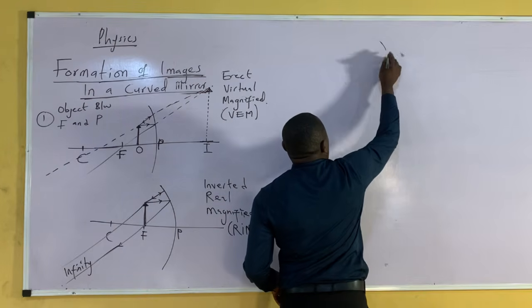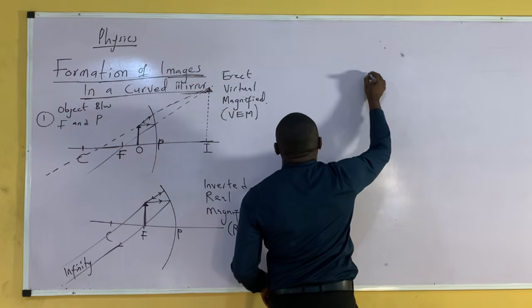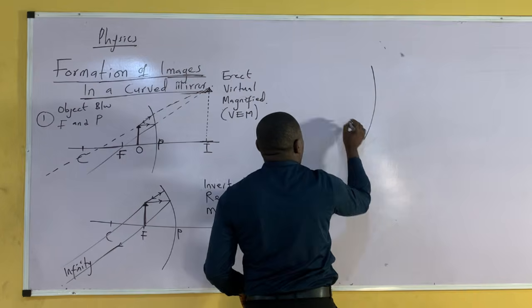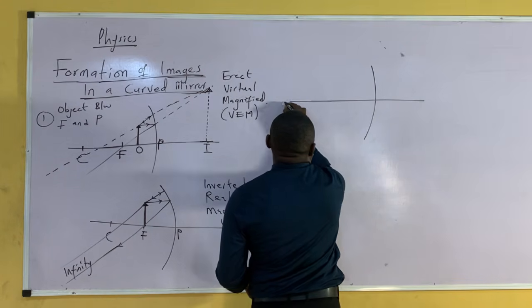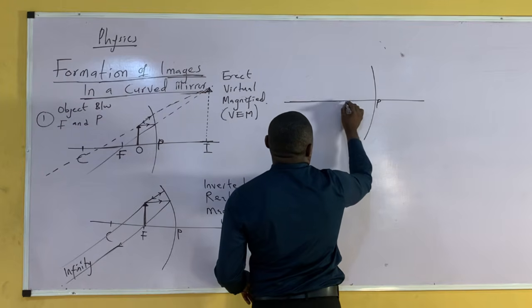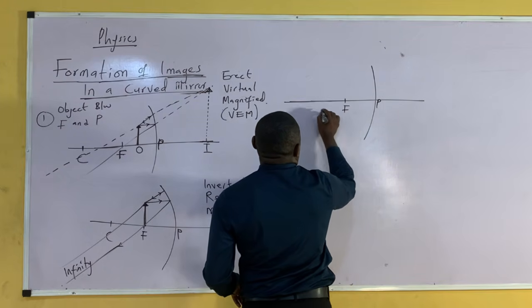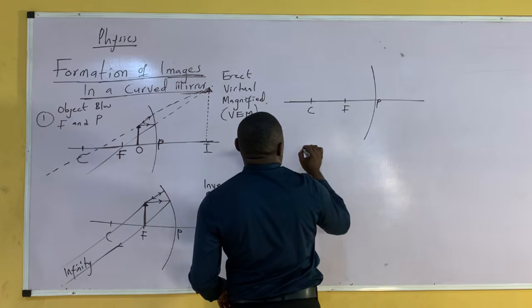I have a third diagram here, as we have it. This is the pole, this is the principal focus, this is the center of curvature.